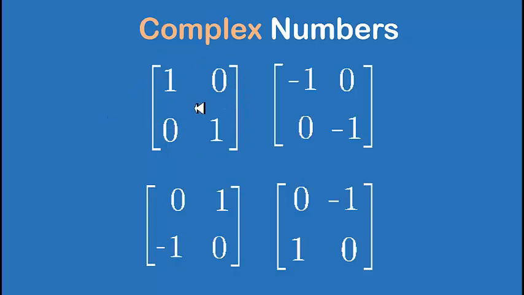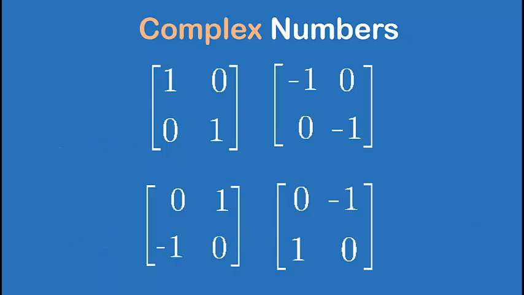This would be the 1 of the complex numbers. This is the negative identity. This would be minus 1 of the complex numbers. This is i. This matrix here is what I refer to as i, and this matrix here is what I refer to as negative i. Okay, so I'm going to leave it at that.